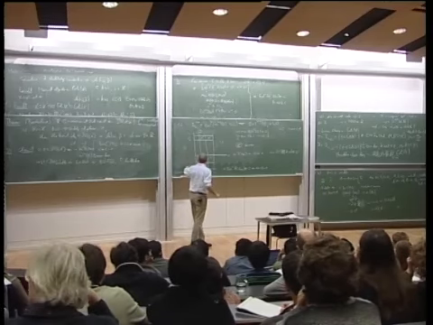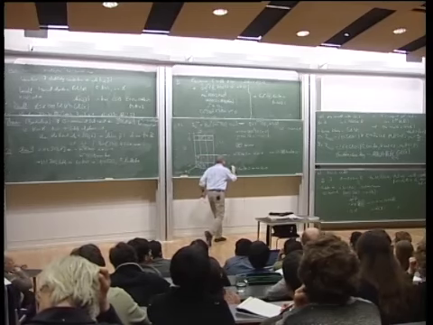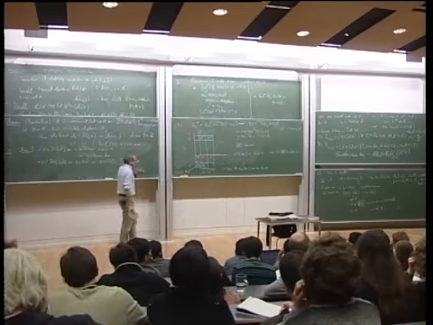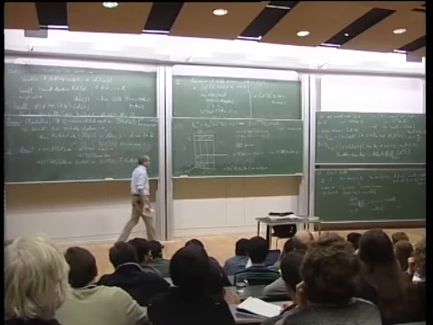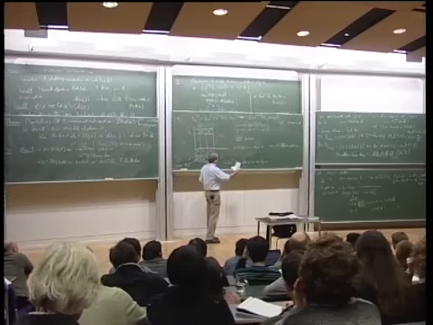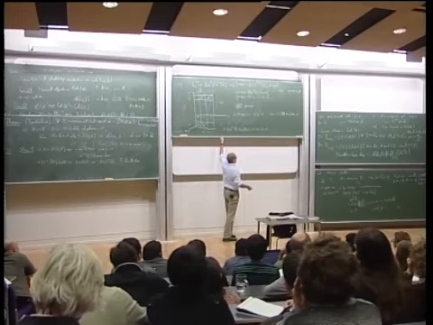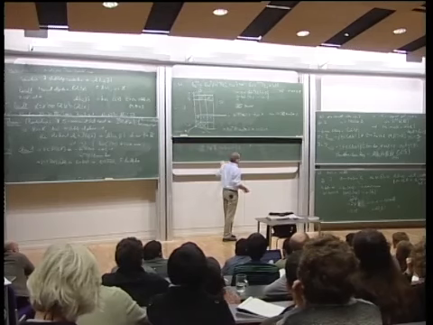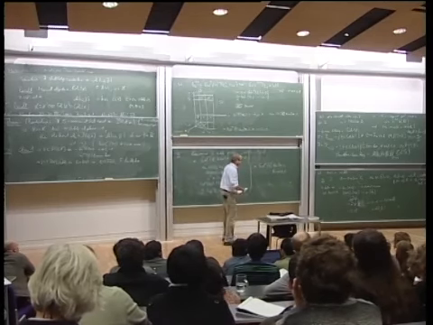I'm sorry, this is q, so this is minus 1 minus i. So the top cohomology will be either in degree 0 or in degree minus 1.